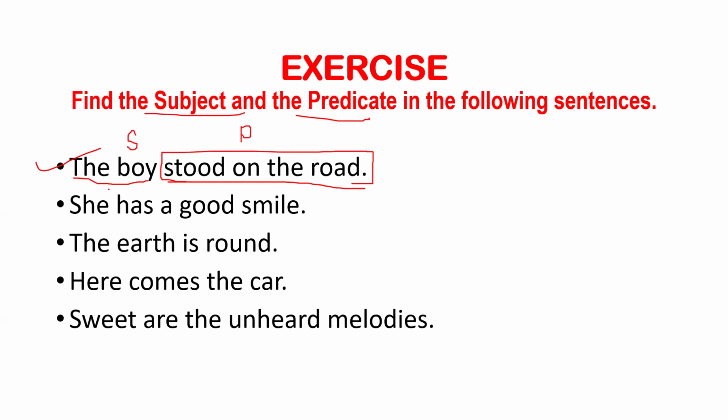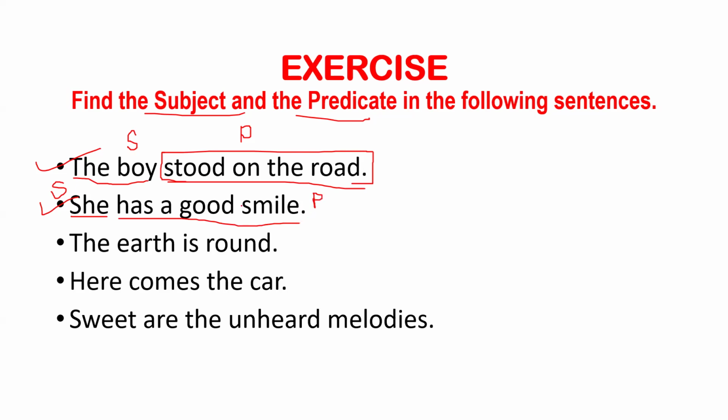All right. So in the next example, we see, she has a good smile. So she, we are mentioning here the person or a thing. We are mentioning here basically a person. So that is why this she is the subject, and whatever we are telling about her is the predicate part.